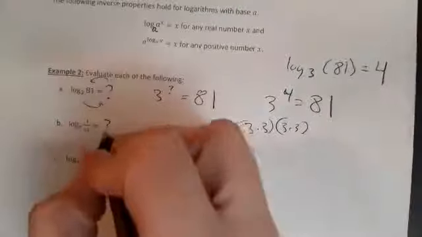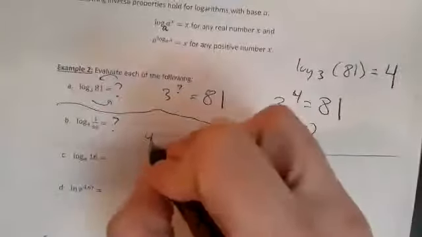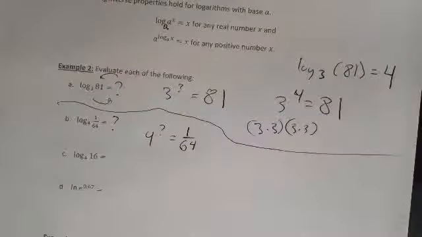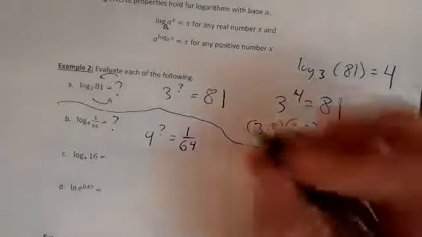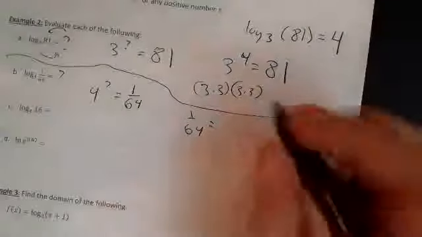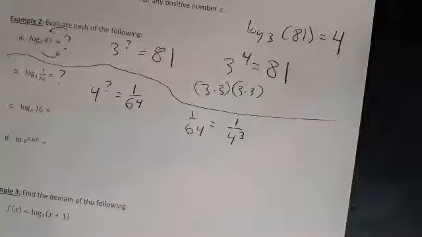Same thing here. We want to know 4 to the what power is going to be 1 over 64. And so 64, if I want to know how to rewrite 1 over 64, that is 4 to the 3rd to get to 64.